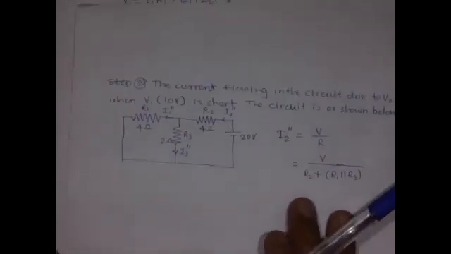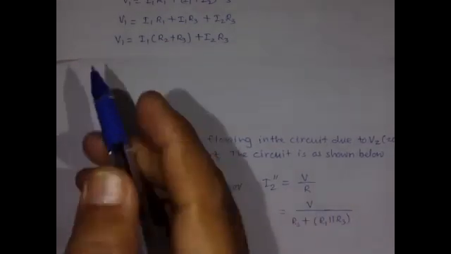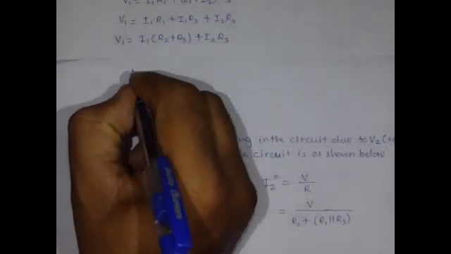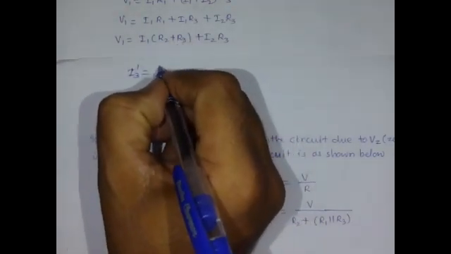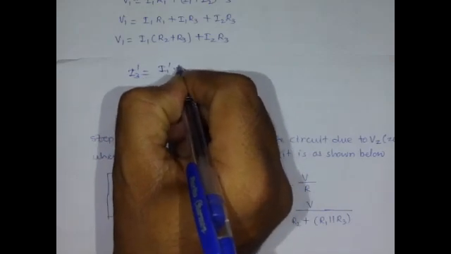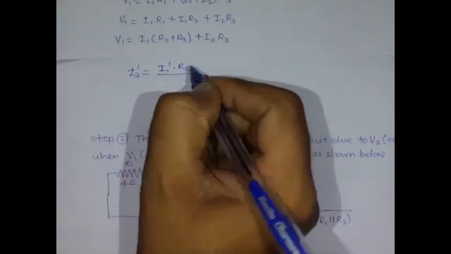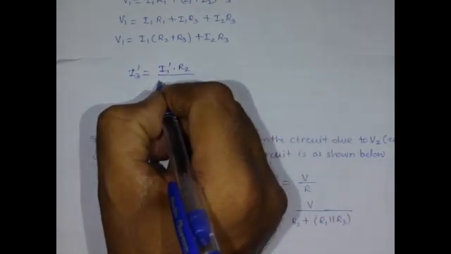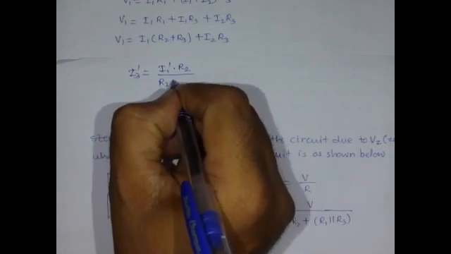Sorry, I3 dash is equal to, by using the parallel branch theorem, I1 dash into R2 divided by R2 plus R3.